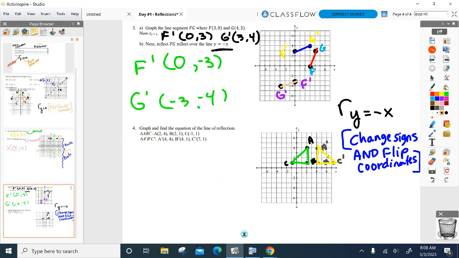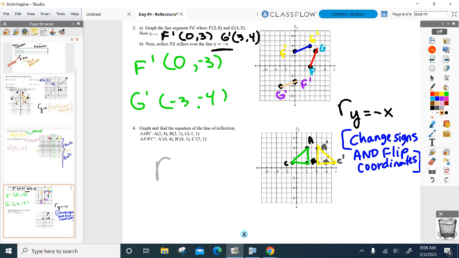So to get from ABC to A prime, B prime, C prime, what is the line I reflected over? Make sure you name it correctly too. And we could start using our notation, right? Reflection, lowercase r. What's going to be your subscript now?